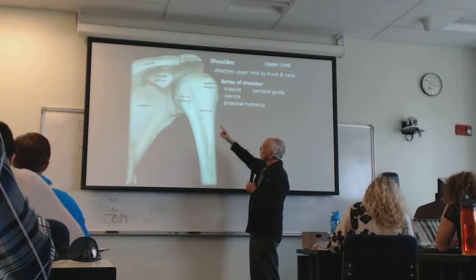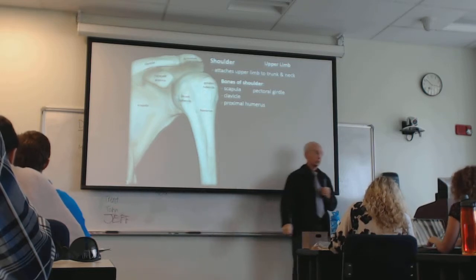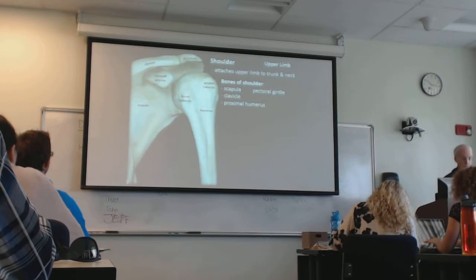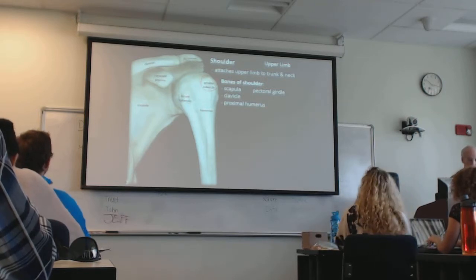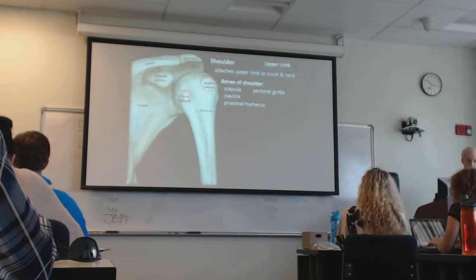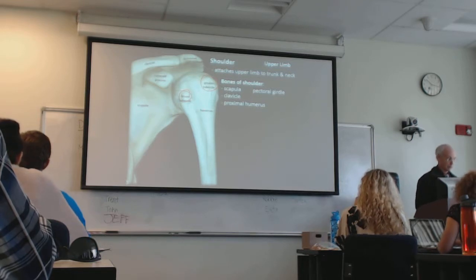And then those tubercles, I'm not sure tubercle is really the best term here, are also for muscle attachment. We'll talk about, for example, the spinatus muscles that attach up here, and then the muscles that are responsible more for rotation of the humerus that attach at the lesser tubercle.